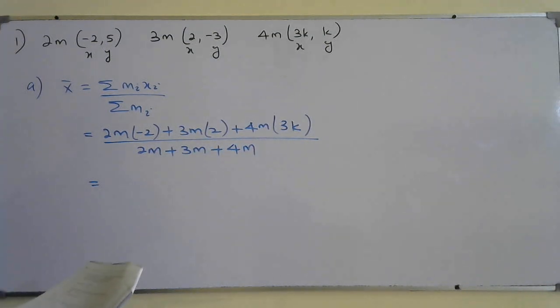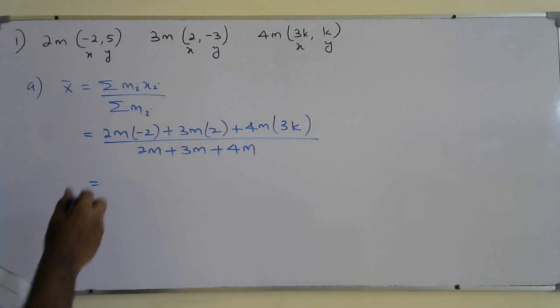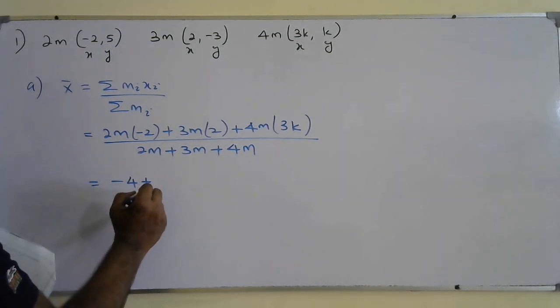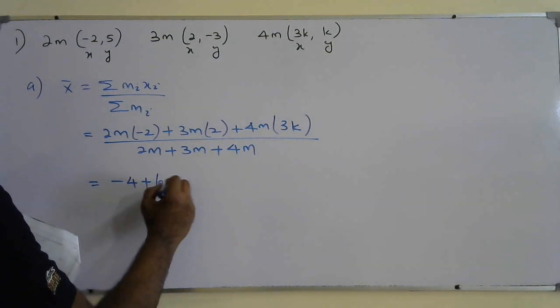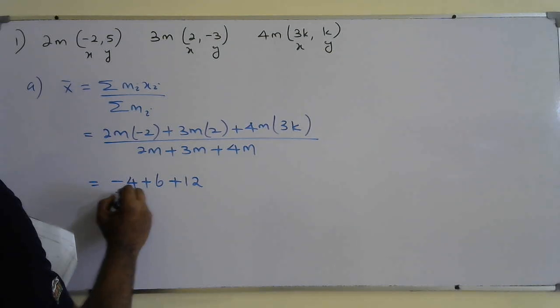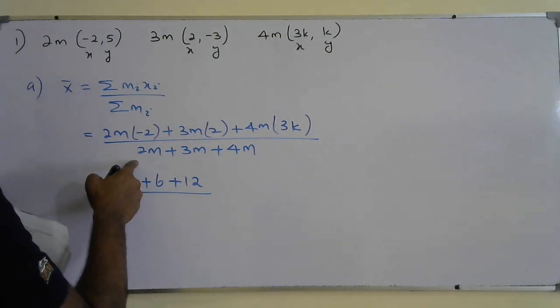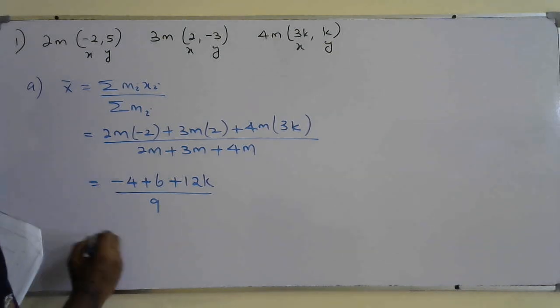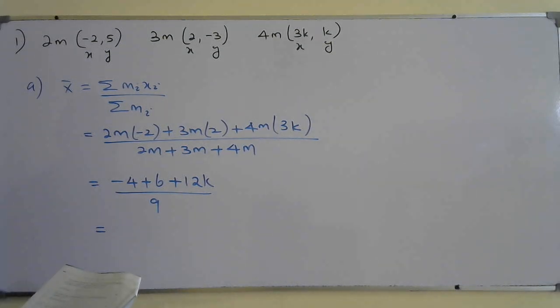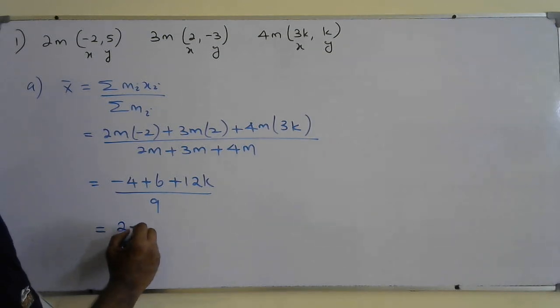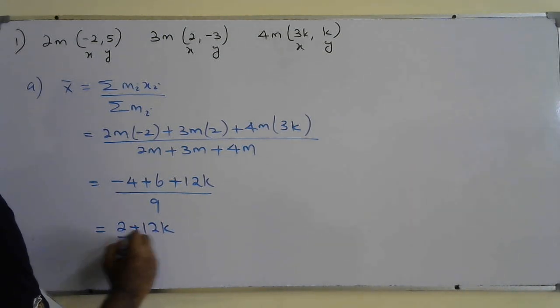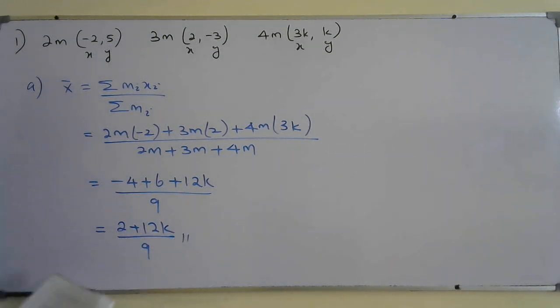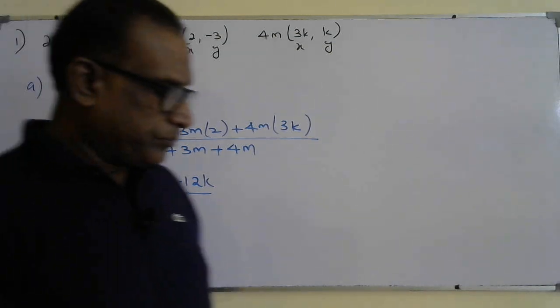So all the m will get cancelled. Solve it. This is going to be -4 plus 6 plus 12k over 3 plus 5, 9. So it's going to be 2 plus 12k over 9. That's the A part answer, x bar.